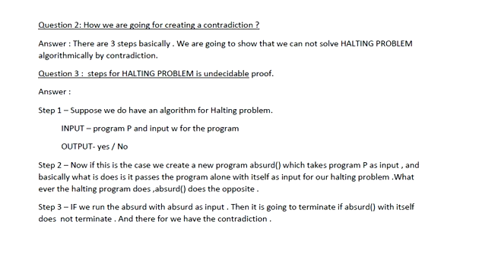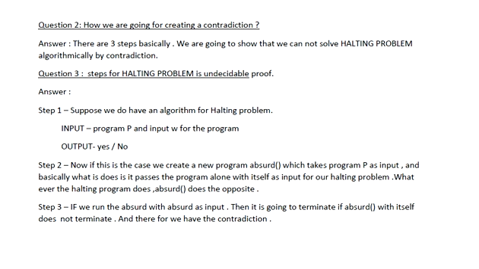So see, in the first step we will assume that the halting problem has an algorithm that takes as input a program P and W for that program P, and gives output yes or no. This is just a simple assumption that the halting problem has an algorithm which has a yes/no output.